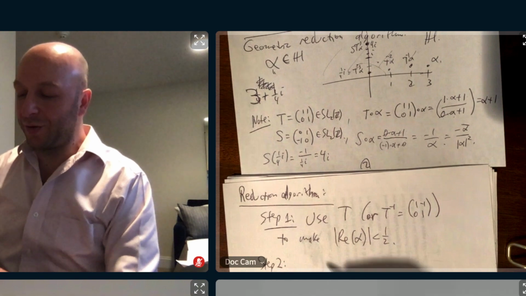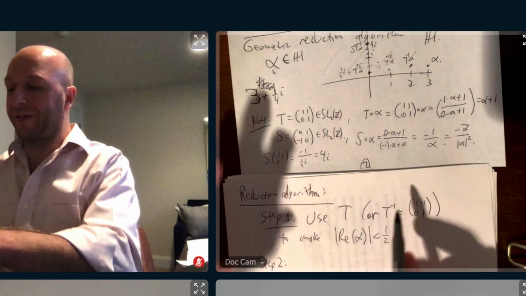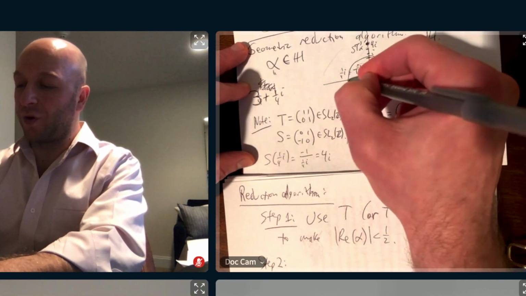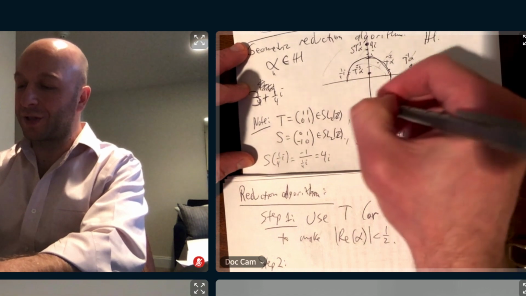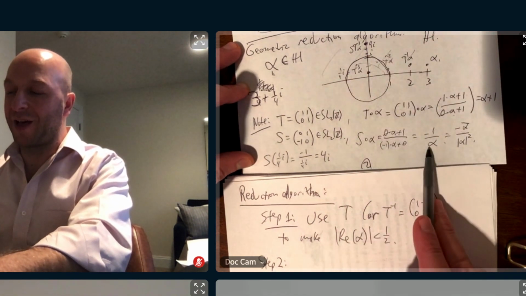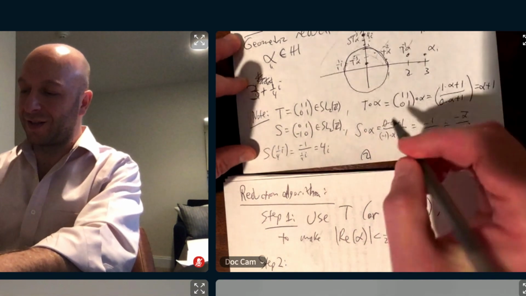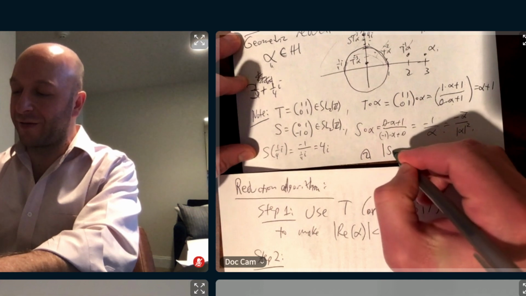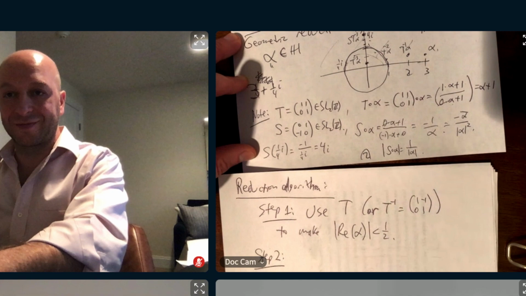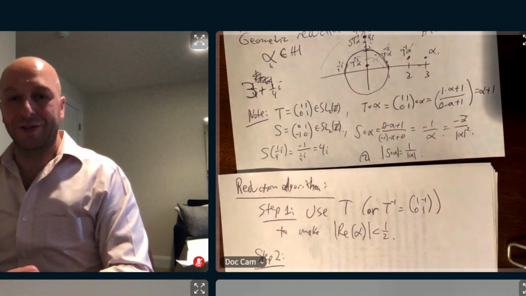So what is the action of S? I claim it changes whether you're inside the unit circle or outside the unit circle, because it replaces something of absolute value alpha by something of absolute value 1 over alpha. So the absolute value of S of alpha is 1 over the absolute value of alpha. What it actually does is flip you outside the unit circle.